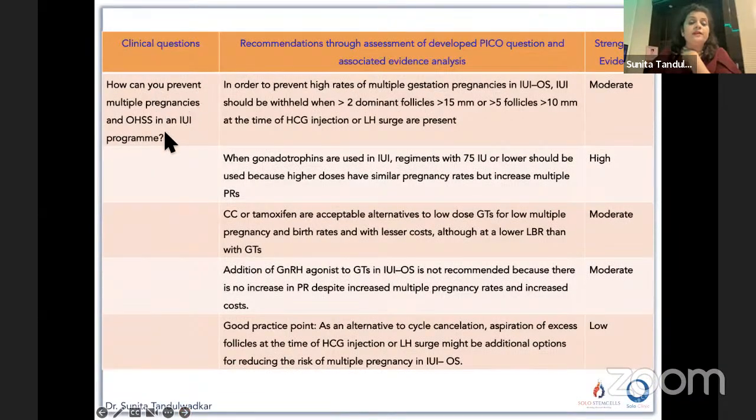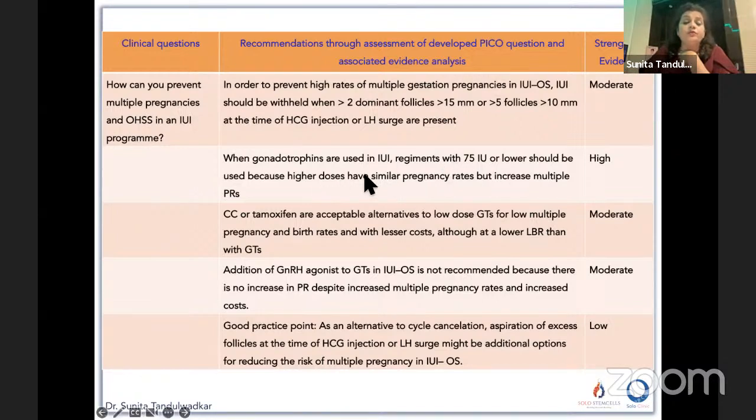How can you prevent multiple pregnancy? There are many options. In order to prevent high-risk multiple pregnancy, you can withhold IUI if there are more than 2 dominant follicles, moderate evidence. When gonadotrophins are used, regimens with 75 or lower should be used because a higher dose can give similar pregnancy but increase multiples.